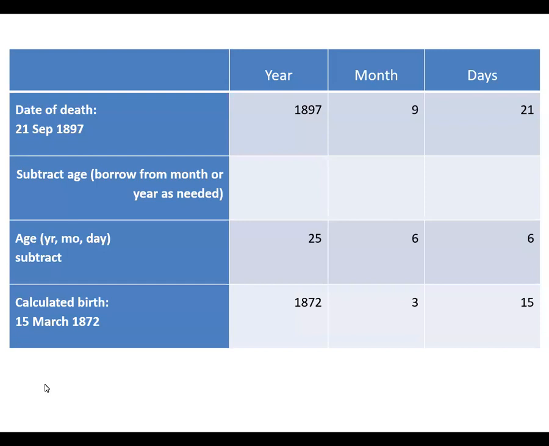However, what you're going to do then is subtract the age of the person at death. In this case, he was 25 years, 6 months, and 6 days. That was easy math. 21 minus 6 gives us the 15th, 9 minus 6 gives us 3, the month of March, and 1897 minus 25 gives us the year of 1872.